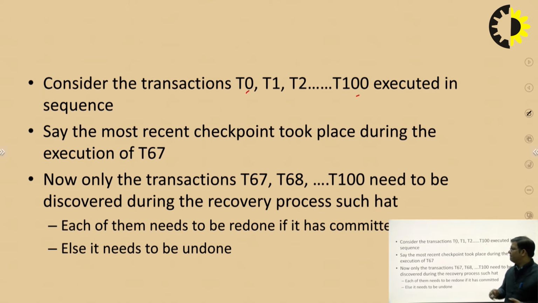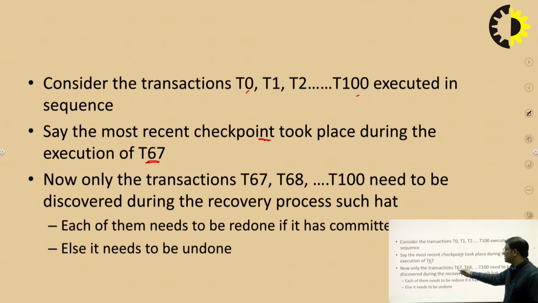For example, the most recent checkpoint is at T67. It means T0 up to T66 have been completed successfully. We do not need to read, undo or redo the transactions up to T66. So we roll back only to T67.